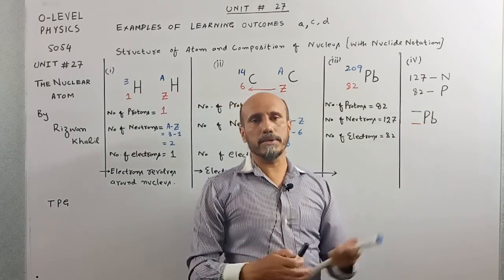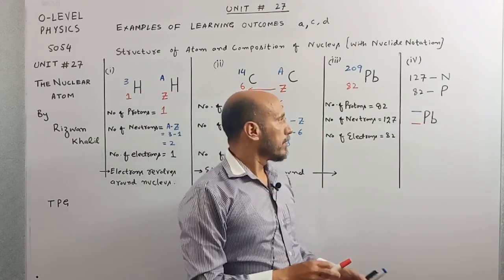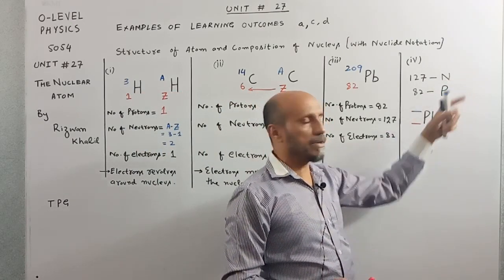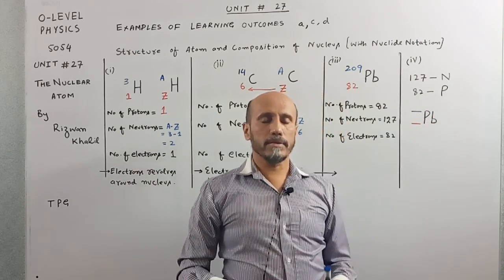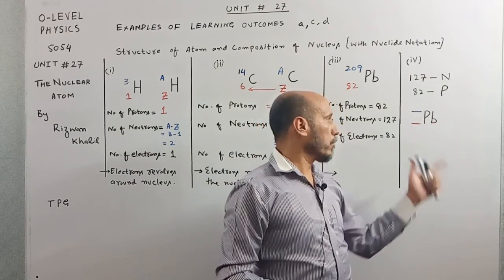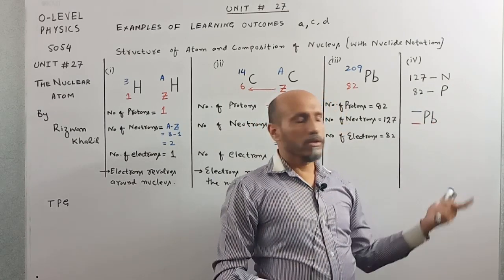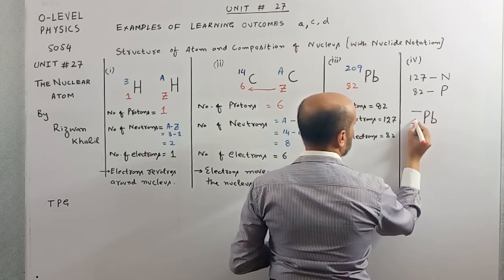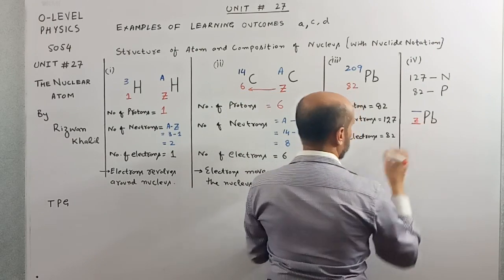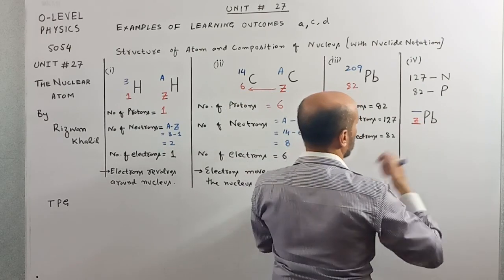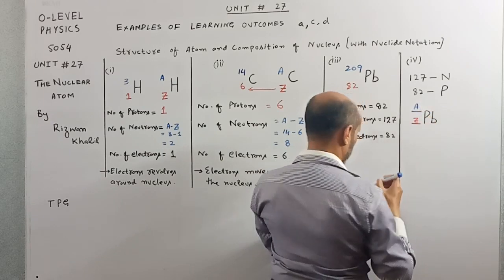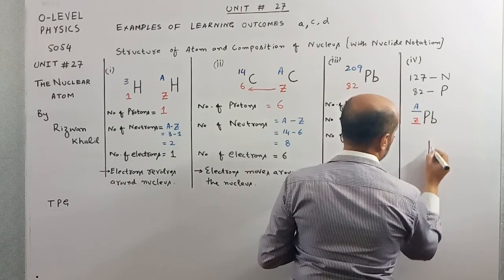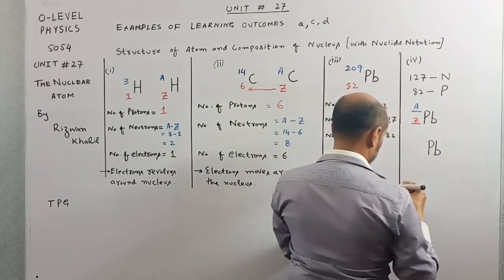Likewise, the reverse question is also asked, that for lead the number of neutrons and number of protons are given, and we have to write the nuclide notation, or fill in the blanks. So obviously this will be equal to Z, this will be equal to A. Z stands for the number of protons. So Pb, number of protons.